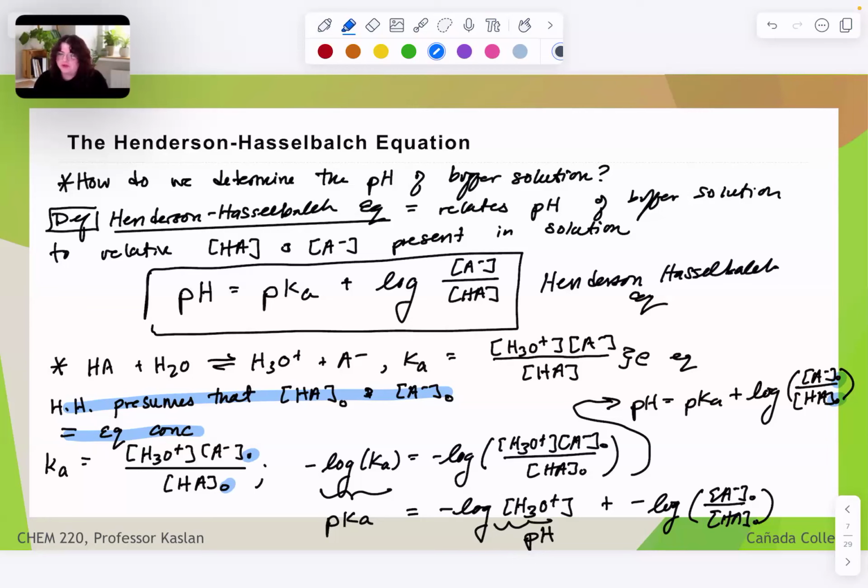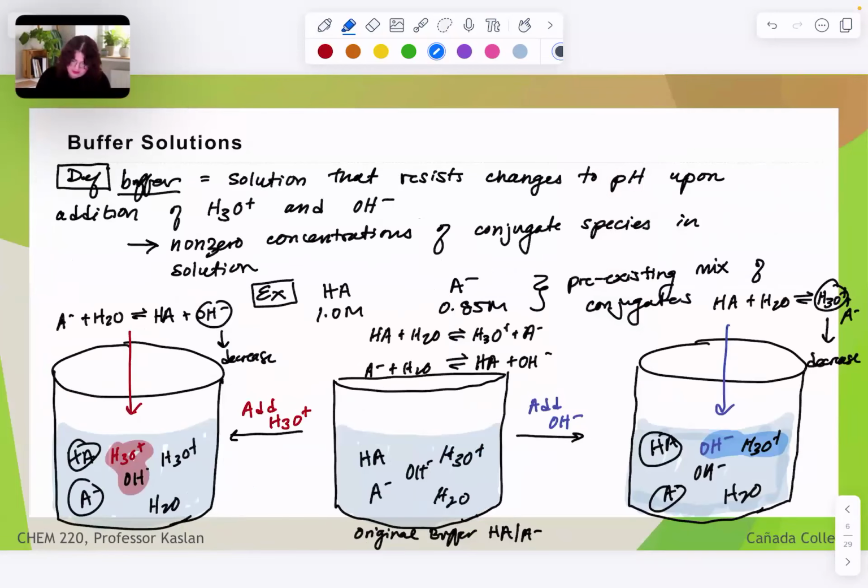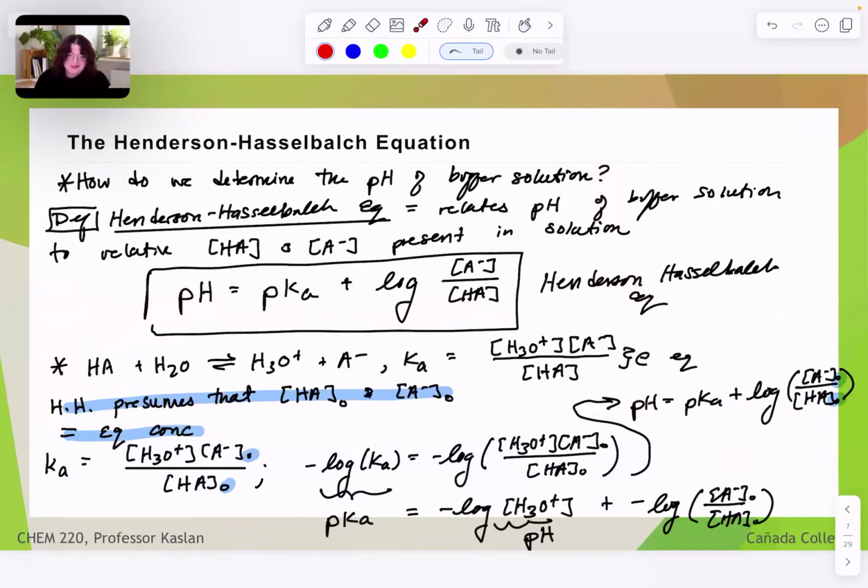If I was told that a solution had, for example, 1.0 molar HA and 0.85 molar A minus, I don't need to consider each of their respective weak dissociations, or use an ice table to get their actual concentrations in the beaker, because the Henderson-Hasselbalch approximation says that in a buffered solution, these initial concentrations that would normally go in our ice table are approximately the same as our equilibrium concentrations, which is why we can put them into the Ka expression. So that's a nice little thing. It makes our life a bit easier.